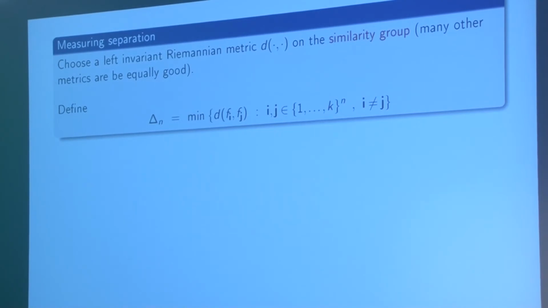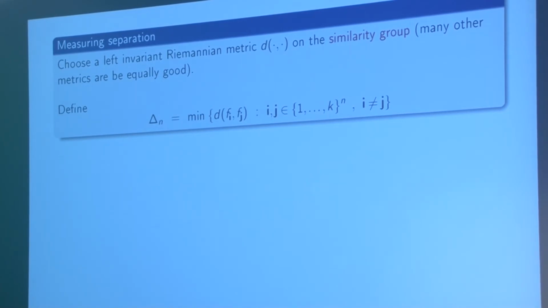Okay, so to state the first theorem, I have to quantify the distance between compositions of maps. So we're going to fix some left invariant Riemannian metric d on the group of similarities. This is the right metric to take, but it's maybe not the most natural or intuitive one.